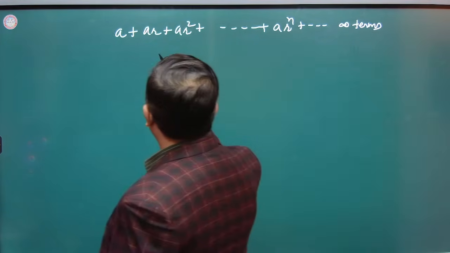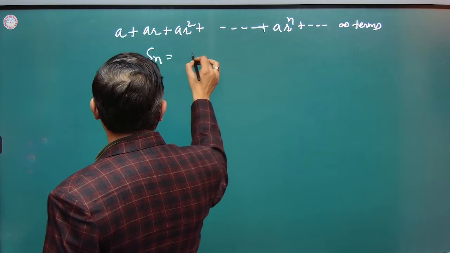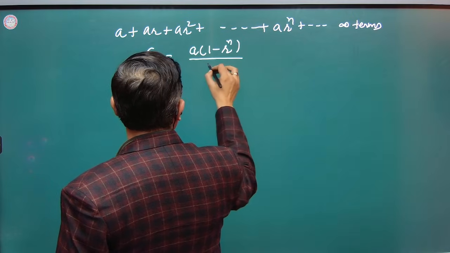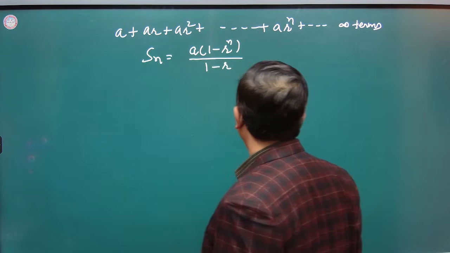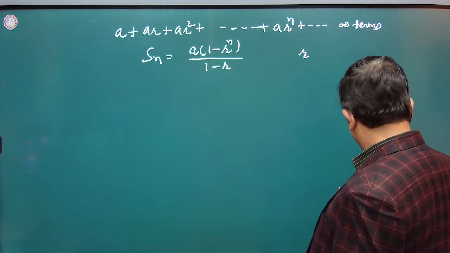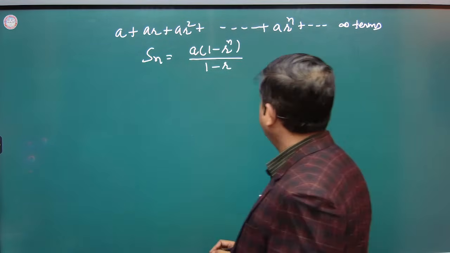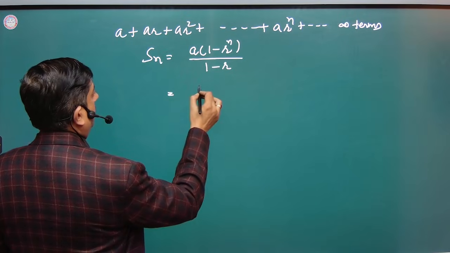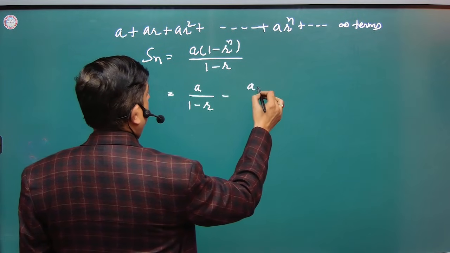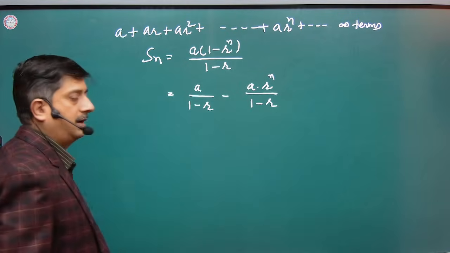What is the formula for the sum of n terms of a geometric series? It is Sn equals a into 1 minus r to the power n upon 1 minus r, where r is the common ratio. We can break this formula and write it as a upon 1 minus r minus a into r to the power n upon 1 minus r.